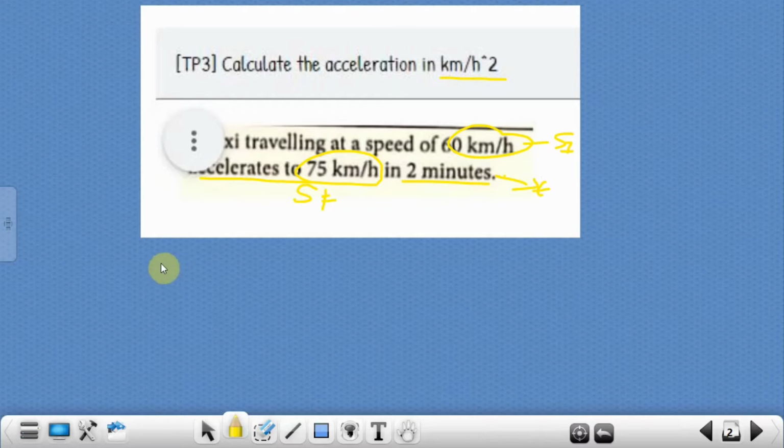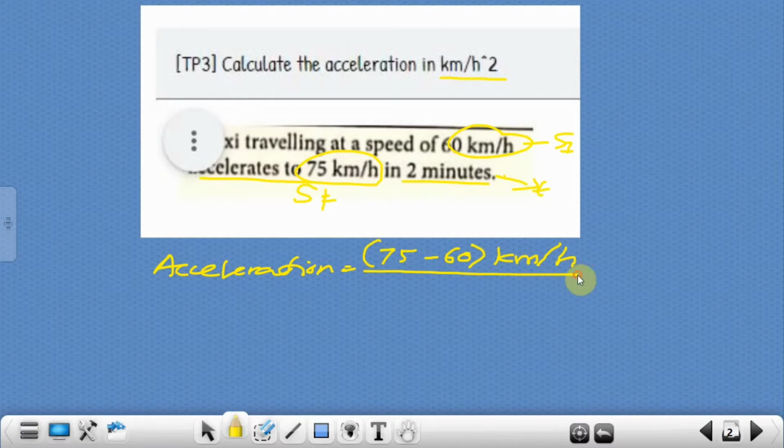So acceleration is equal to final speed 75 minus 60, and please notice that these two are in kilometer per hour, divided by 2 minutes.